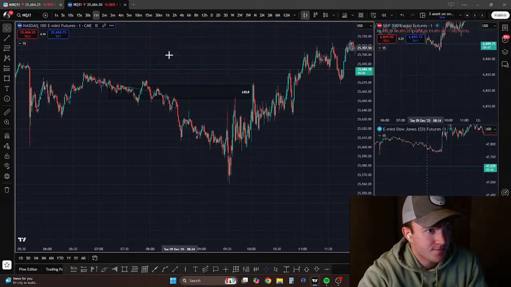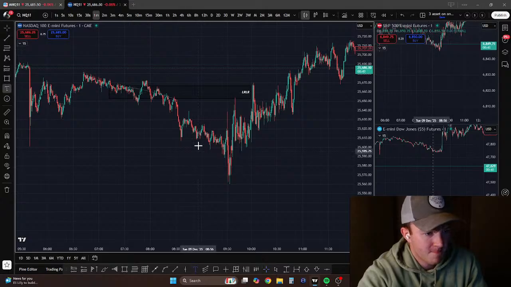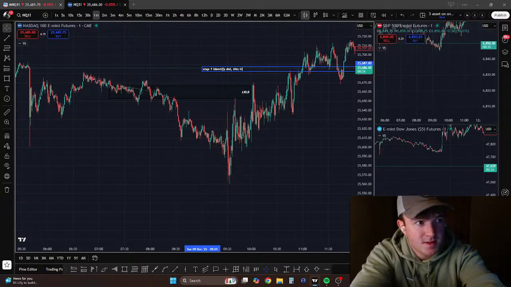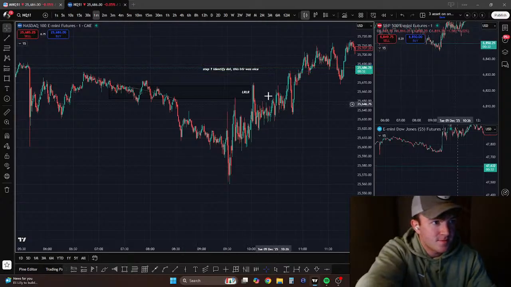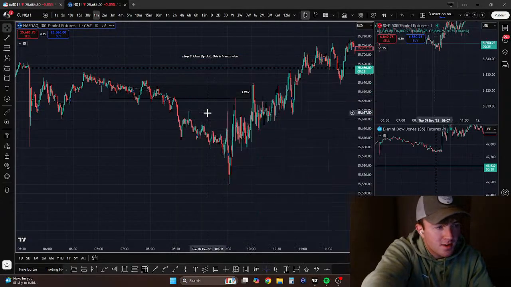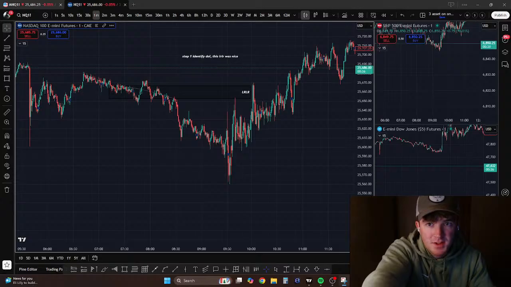So step 1, identify. This LRLR was nice. We might have had an RTH, we might have not, I don't know. I'll have to check later.